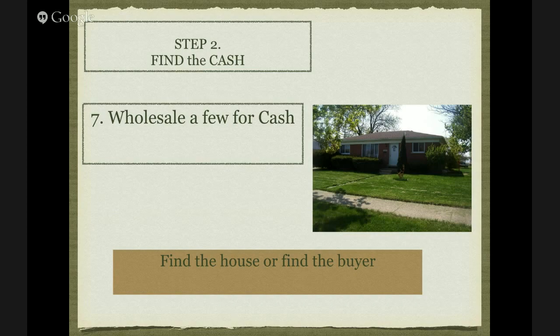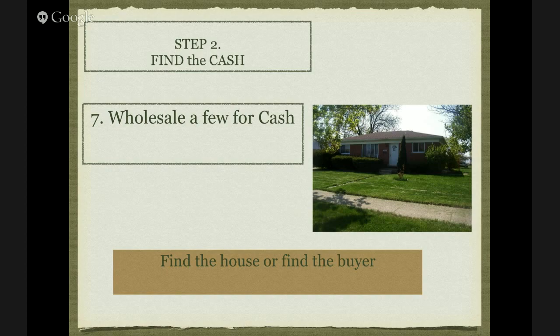Or you can do the other end of the deal, which is you find the buyer. Contact some wholesalers who have properties and go find the buyer out of your contacts with other real estate investors, and find a house for them and wholesale a few of those. Split the wholesale profit with the wholesaler in order to do that deal.